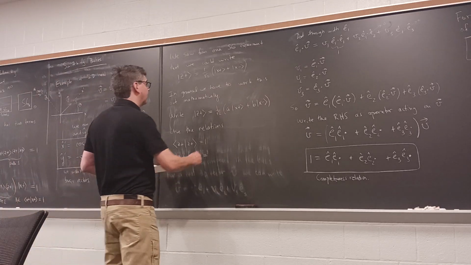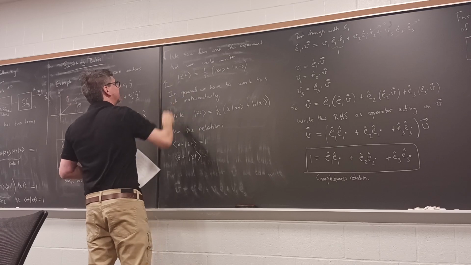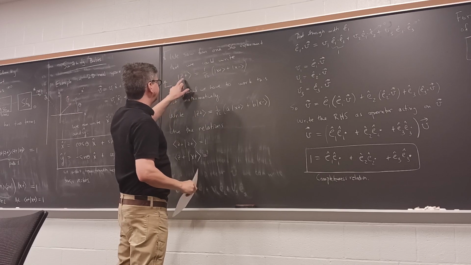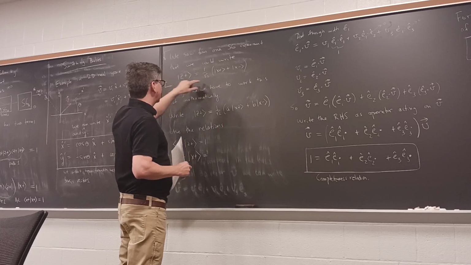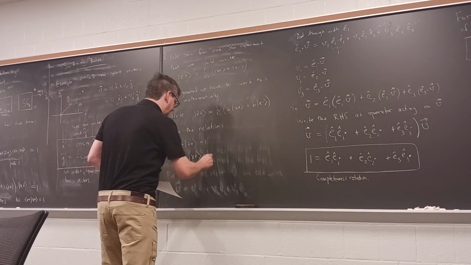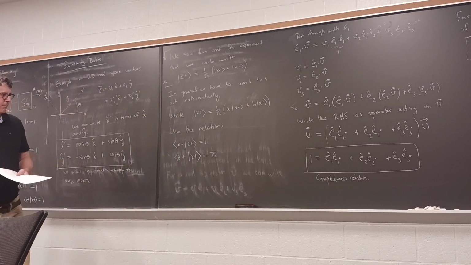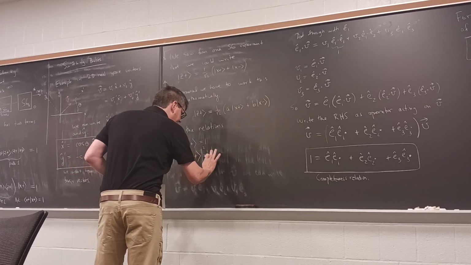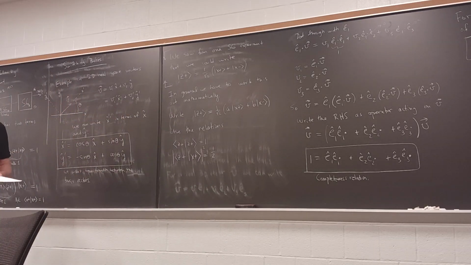This is 1 over the square root of 2, right? Because this was from an experiment, so if I had a z plus electron, I know that if I take the inner product with x plus, I'll get 1 over the square root of 2. And in particular, I could write this squared as a half.